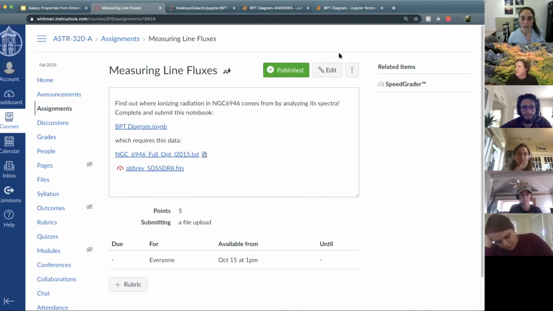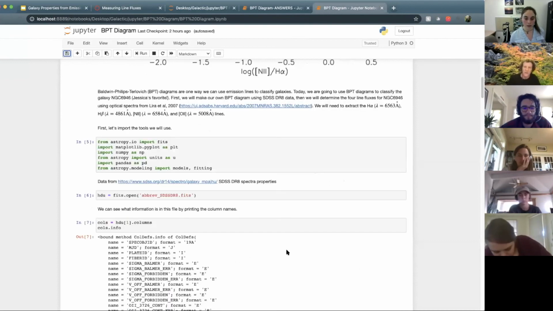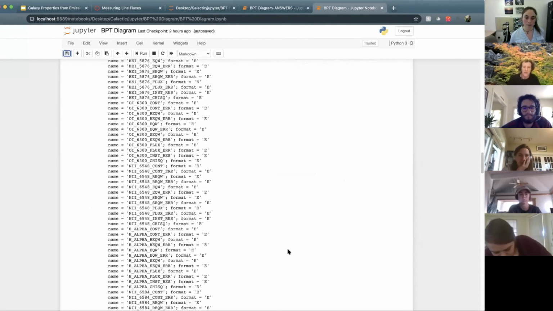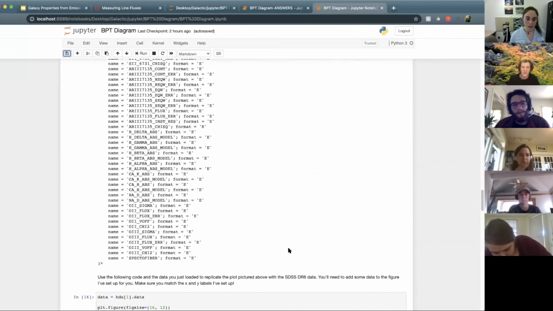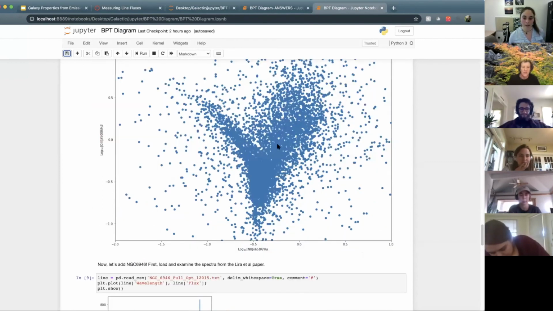When you get that going, your goal is to add NGC 6946 to a BPT diagram. I've already fitted one line for you. I've made a BPT diagram from SDSS; there's a ton of information in that file.